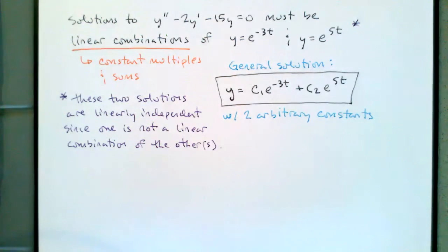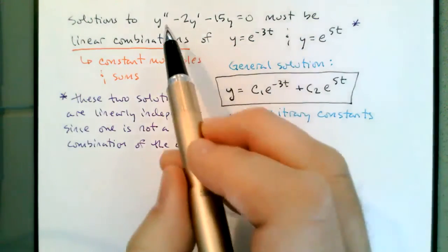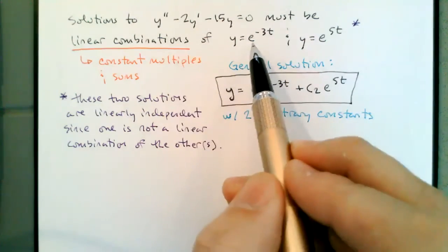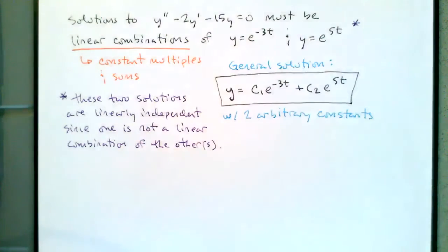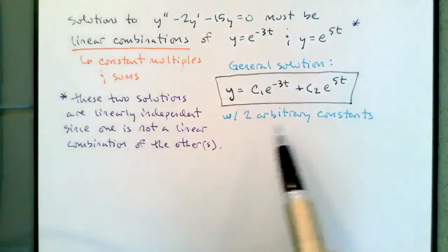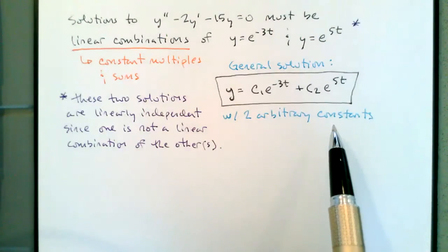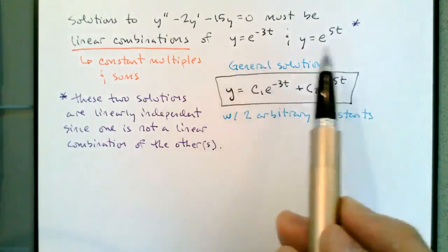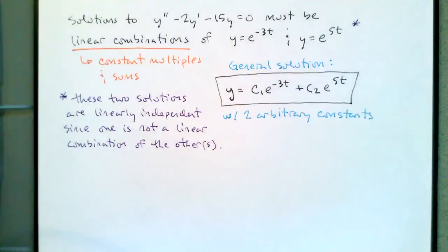All right. So what we should expect to see is that if we have a second order equation, we should be able to find two linearly independent solutions. And then our general solution will have two arbitrary constants as we make a general linear combination of our two linearly independent solutions.